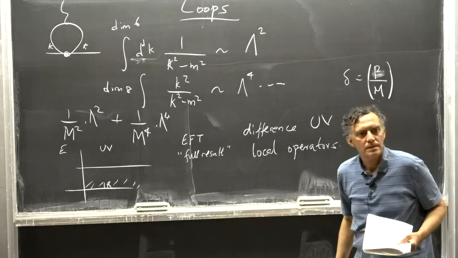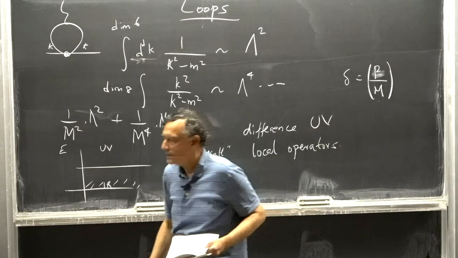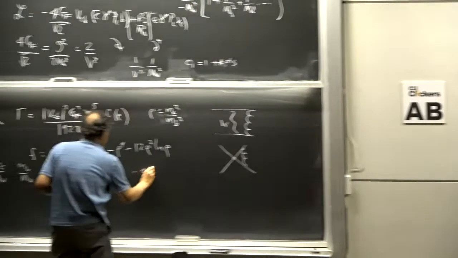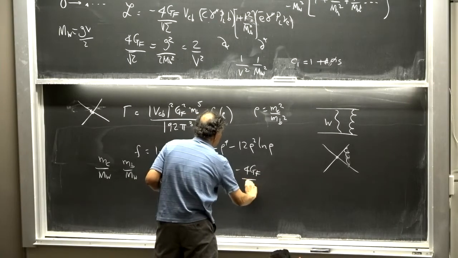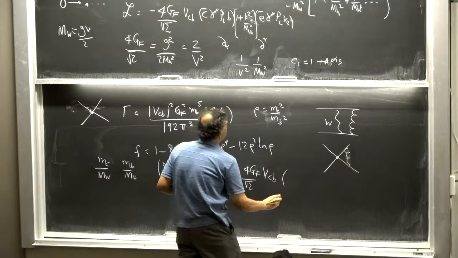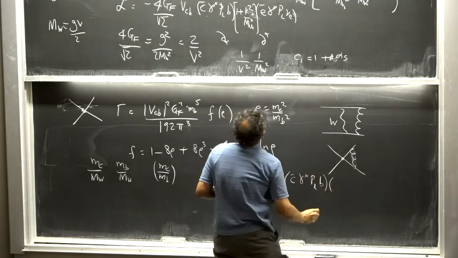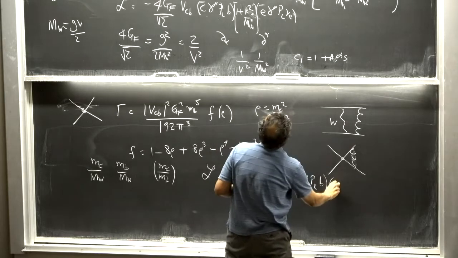Yeah? Where is the... So the Lagrangian is minus 4 GF over root 2 VCB... which way was it?